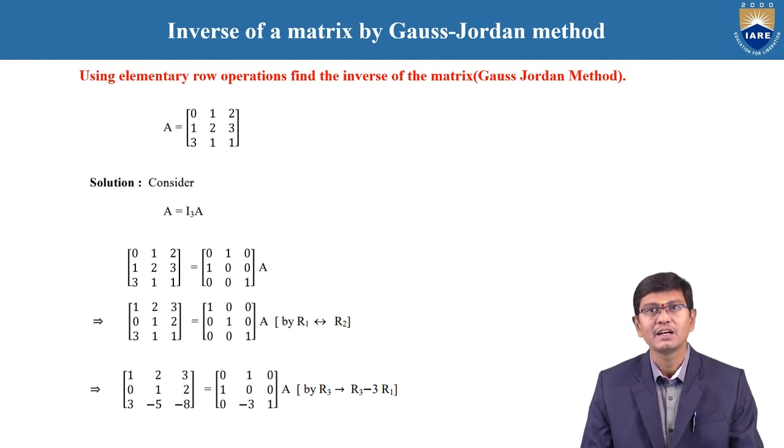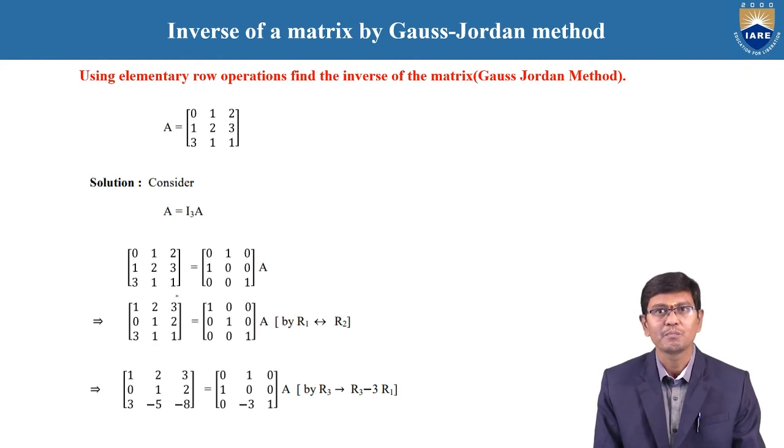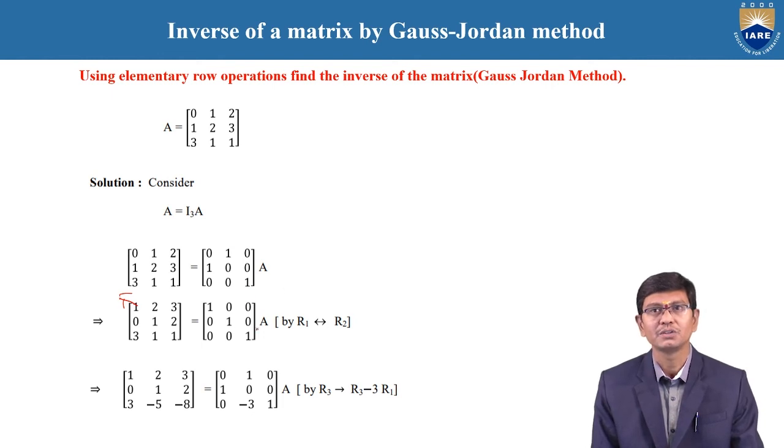Here also we need to interchange R1 and R2, because the first element needs to be changed to 1. By interchanging R1 and R2, the LHS matrix is 1 2 3, 0 1 2, 3 1 1, and the right side matrix changes to 0 1 0, 1 0 0, 0 0 1.